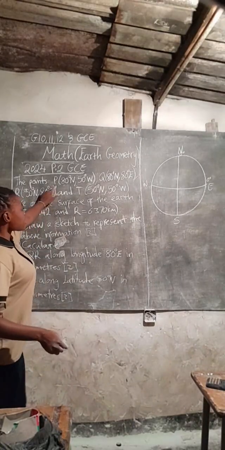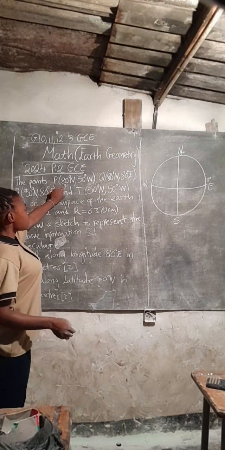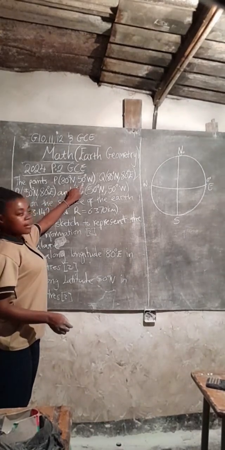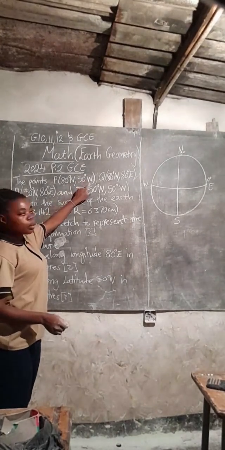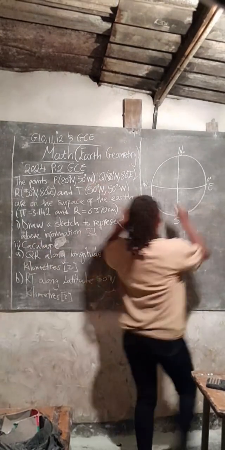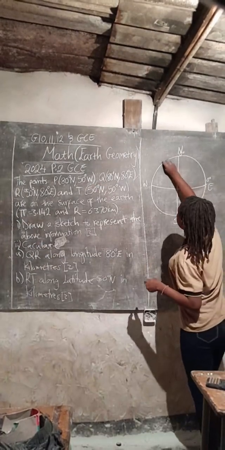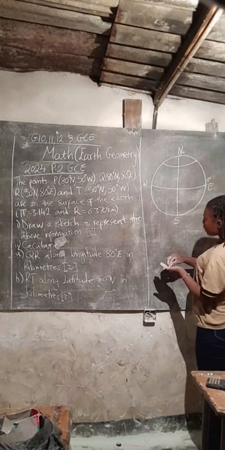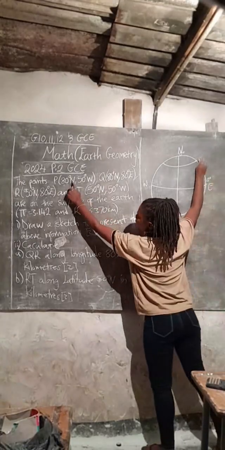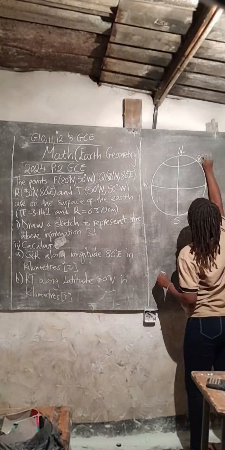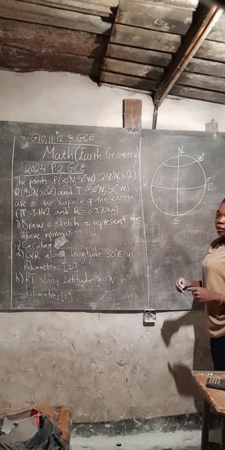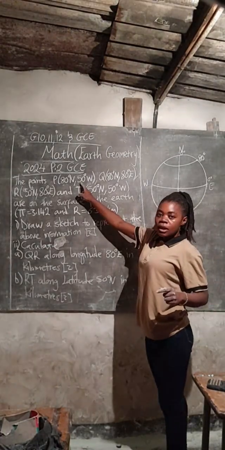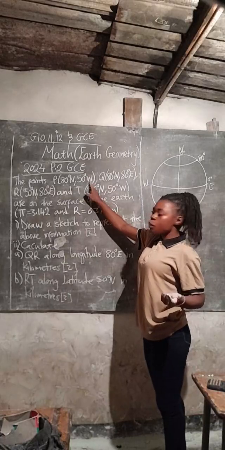So what is going to happen? The first point, point P, is on latitude 80 degrees north and 50 degrees west. So we have the latitude on this hemisphere. Let's say I put it here. This latitude is at 80 degrees north. And then they're also saying longitude 50 degrees west.